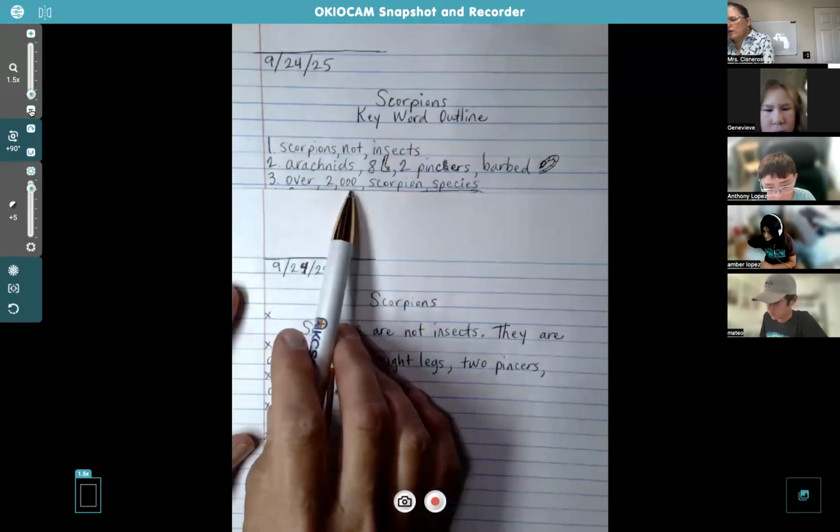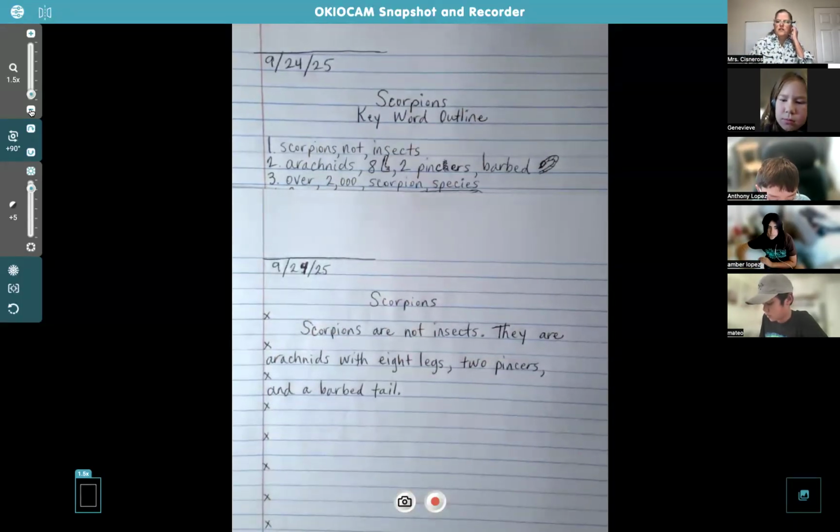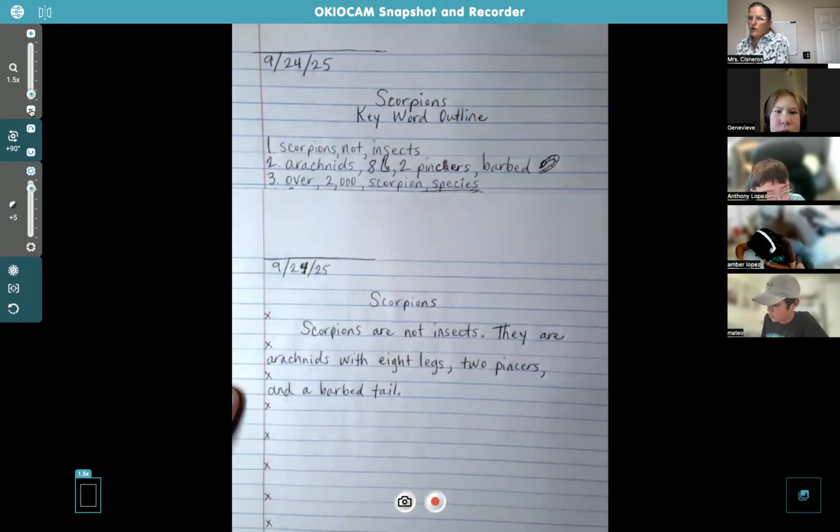It says over 2,000 scorpion species. How can we make that into a sentence? There is over 2,000 scorpion species. Okay, good. Except instead of is, we should say are because it's plural, right? 2,000 is more than one. So I like it though. Let's say there are over.